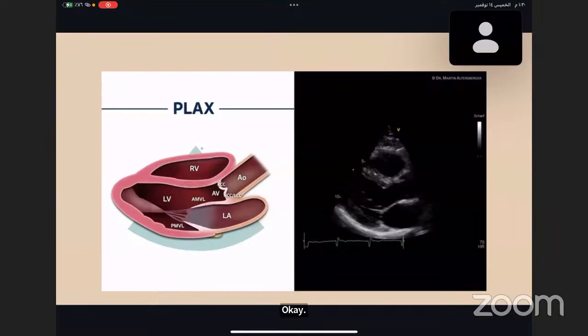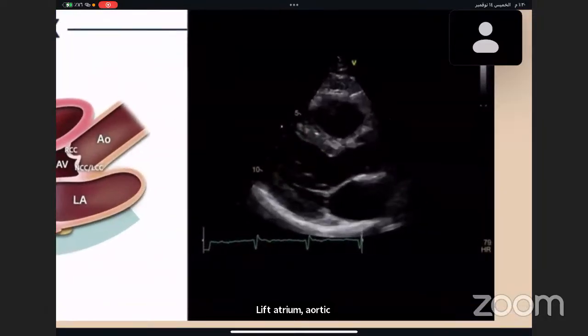Okay, this is the parasternal long axis. We can see the right ventricle, left ventricle, left atrium, descending aorta, and aortic valve.